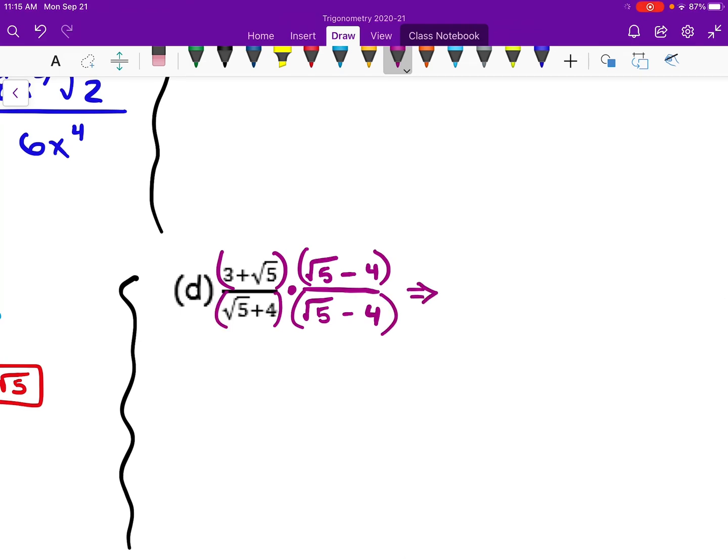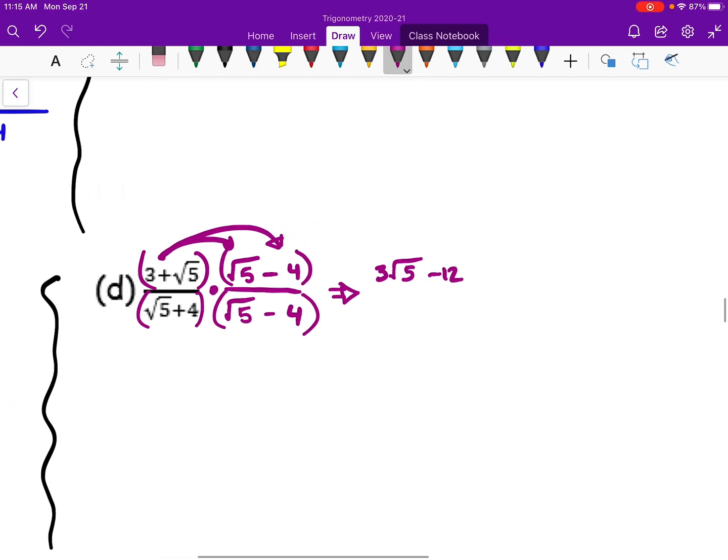FOIL on the top and the bottom, so it's going to be kind of crazy. On top, I'm going to get 3 square root of 5 minus 12. Then, I'll use a different color for the other part, 5 and 5 gives me plus 5. Square root of 5 times negative 4 is negative 4 square root of 5.